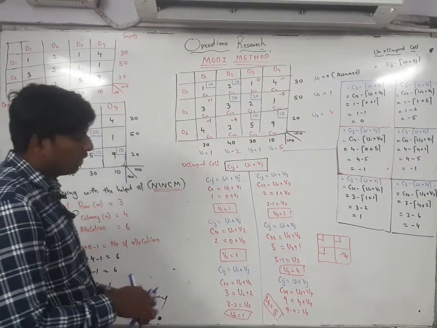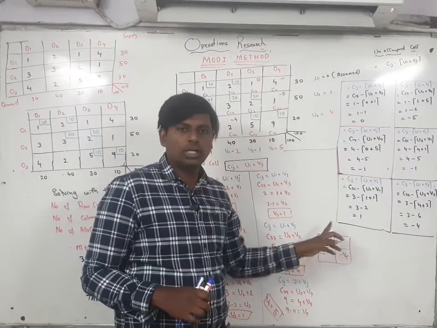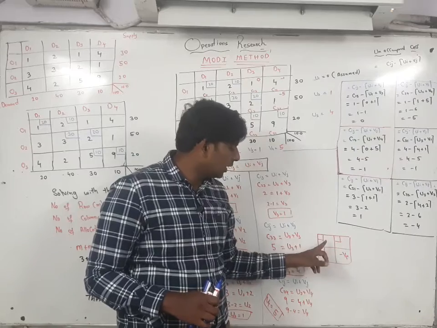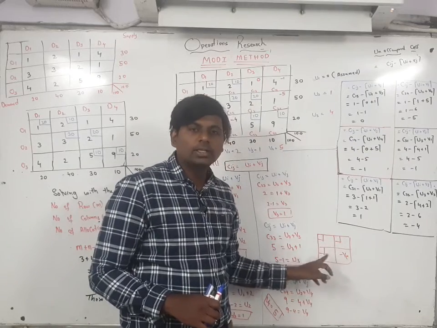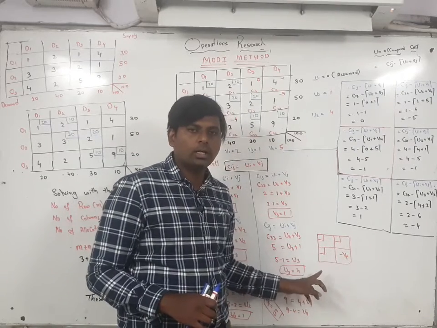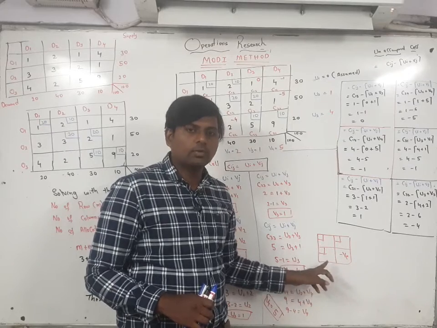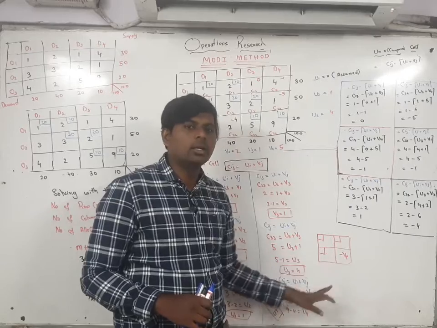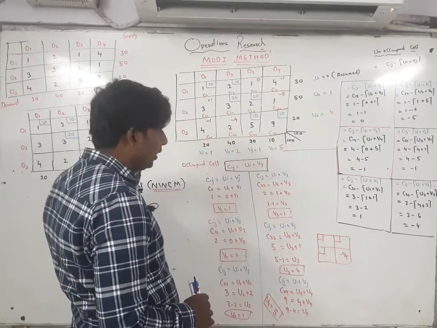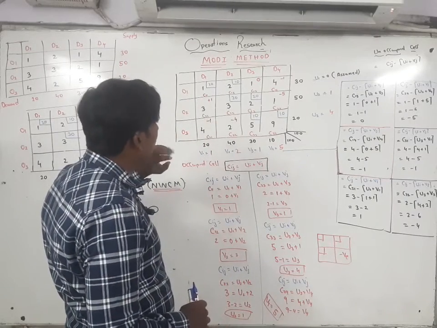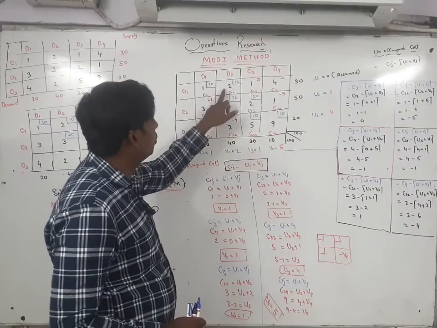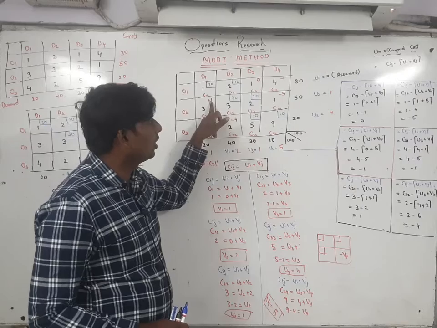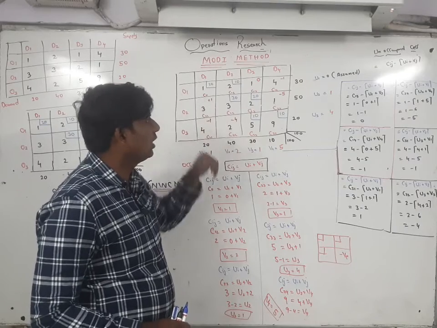Like this you have to search the set. In that, 3 are allocated and one is unallocated, and that unallocated cell has minus 1. As you can see here, 1, 2, 3 are allocated and one is unallocated. But what is the sign here? Plus. So you can't take this one.